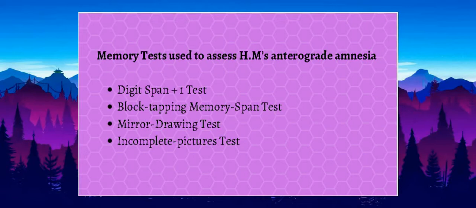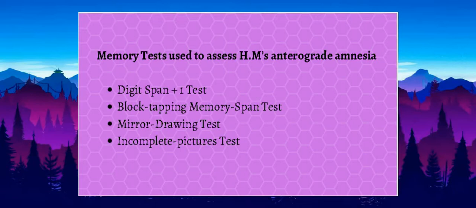The results of the first 2 tests documented HM's severe deficit in long-term memory, whereas the results of the last 3 indicated that HM's brain was capable of storing long-term memories, but that HM had no conscious awareness of those memories. This finding changed the way biopsychologists think about the brain and memory.